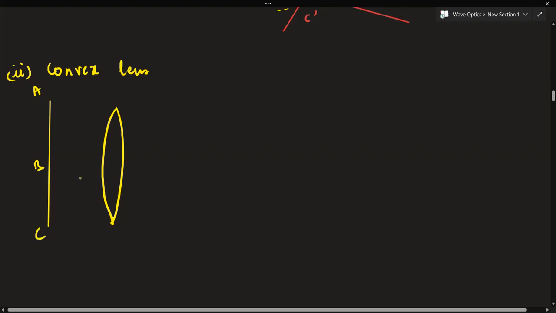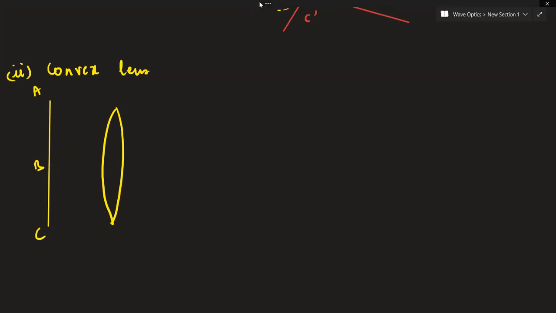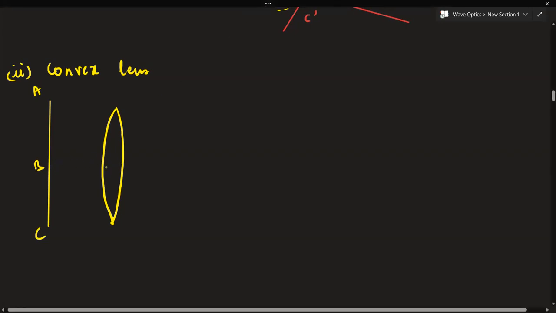Now see, the similar phenomena will occur. This part is the thickest part. So what will happen? The rays coming from this part will be nearer to it, like this. All the space will be coming nearer to it, because this is a broader space. And the light rays coming from the middle part, that is for the middle portion B, what will happen? The rays have to travel a much thicker distance. So this reduces the speed and the wavefront is formed over here.